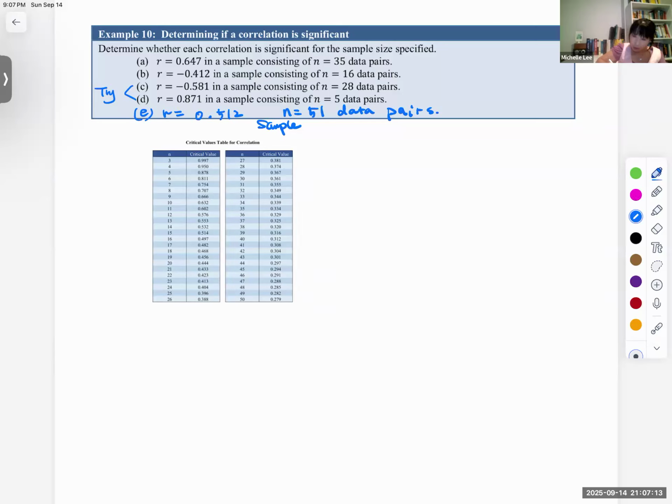Okay, so let's try A. We don't have to take the absolute value, so just 0.647. Let's take a look. Sample size n equal to 35. Can you see that 35 is this one? So that is 0.334, which is the critical value. Let me denote it this way. All right, then what do you think?